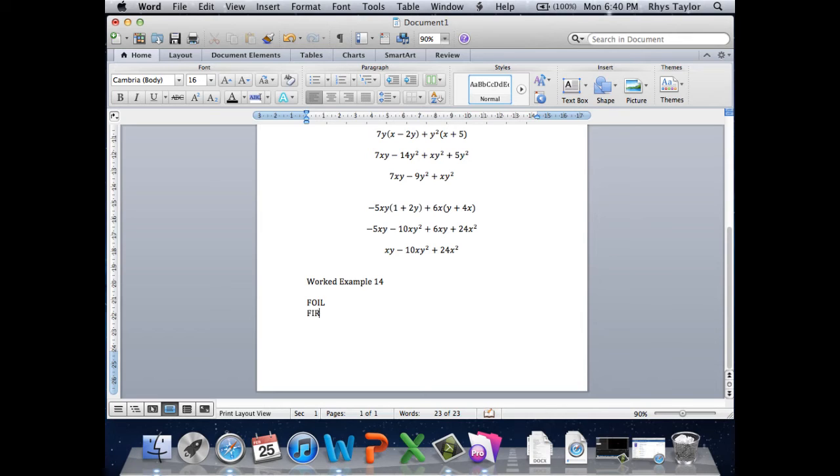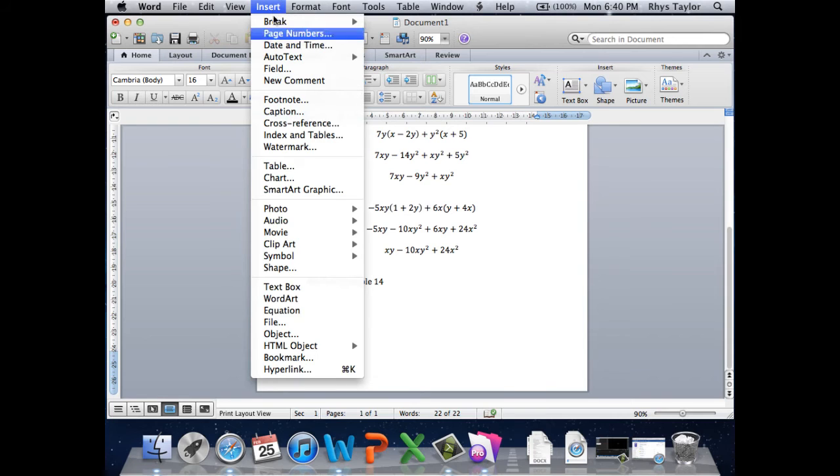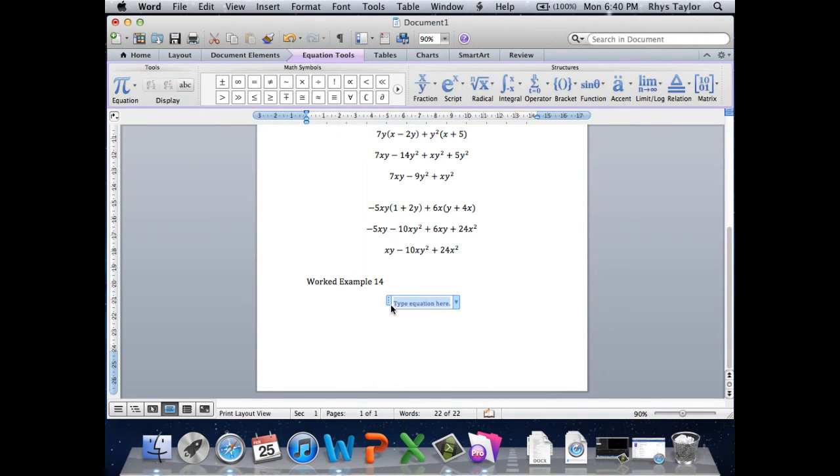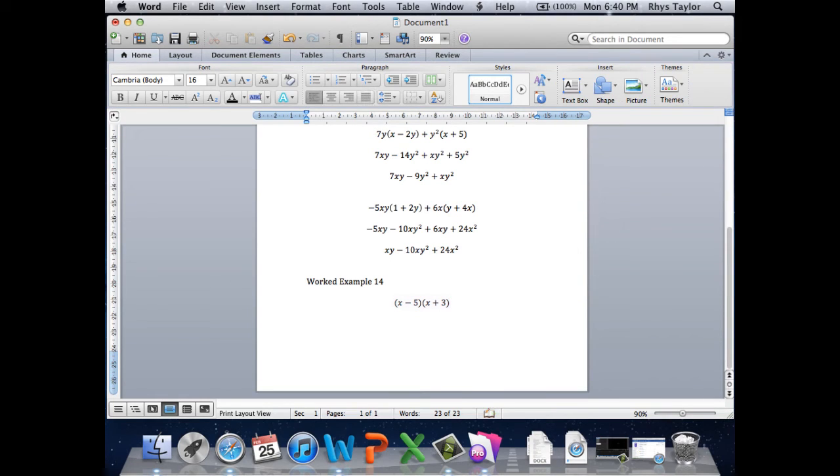Actually, I'll show you the example before we get into how to do it. It's when you've got a set of brackets being multiplied by another set of brackets. Okay, like that. The process that we use, once again, is called FOIL.